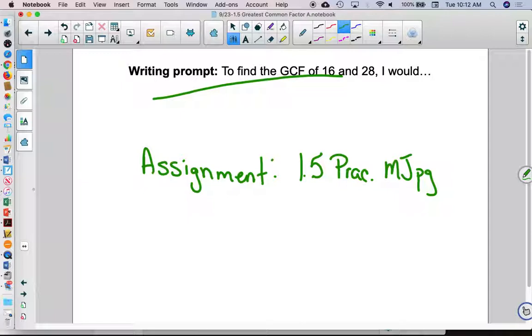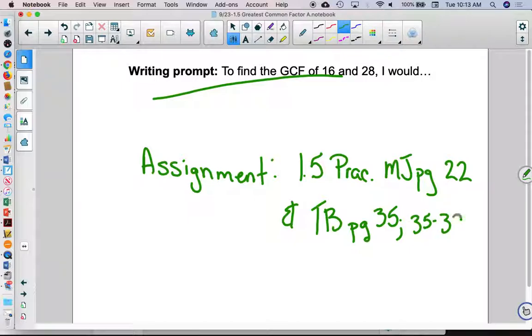Math Journal, page 22, and textbook, page 35, numbers 35 to 39.